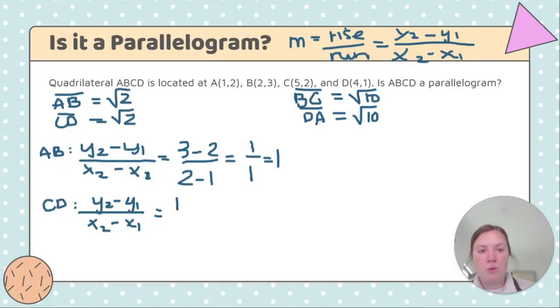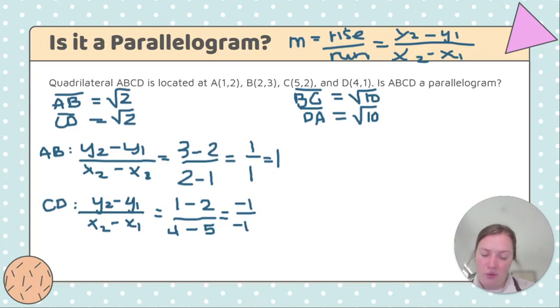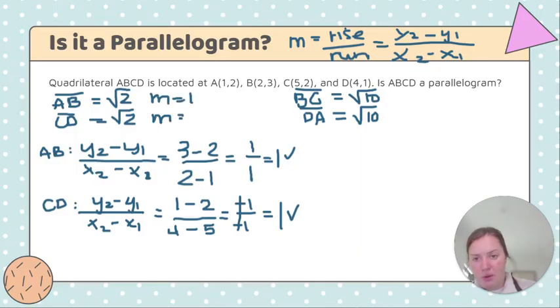So we're going to do 1 minus 2, and we are going to do 4 minus 5. That is going to get us 1 minus 2 is negative 1. 4 minus 5 is negative 1. Negative 1 over negative 1, we can cancel out these negatives. We have 1 over 1. That means that our slopes are the same. So m is equal to 1 and m is equal to 1.